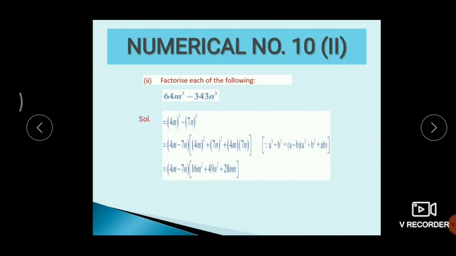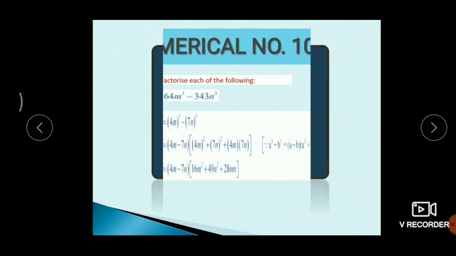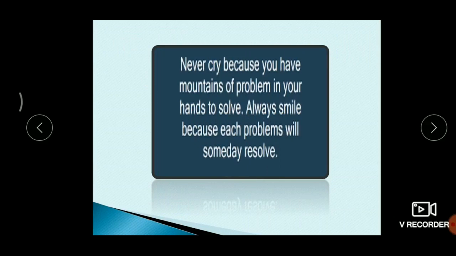Very simple, very easy. My dear students, never cry because you have mountains of problems in your hands to solve. Always smile because each problem will someday resolve.